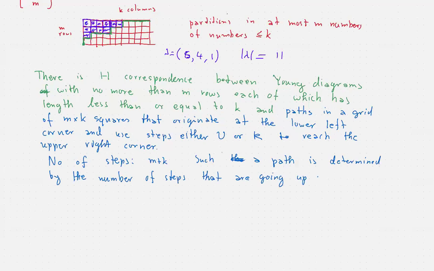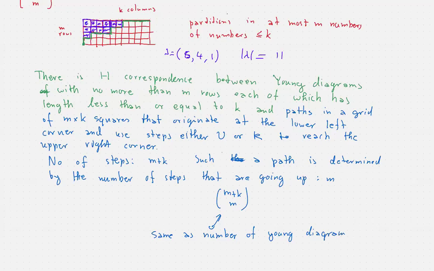And this number is, of course, m plus k over m, which is precisely the number of Young diagrams that fit in this grid. So that's the same as the number of Young diagrams that fit in this grid.